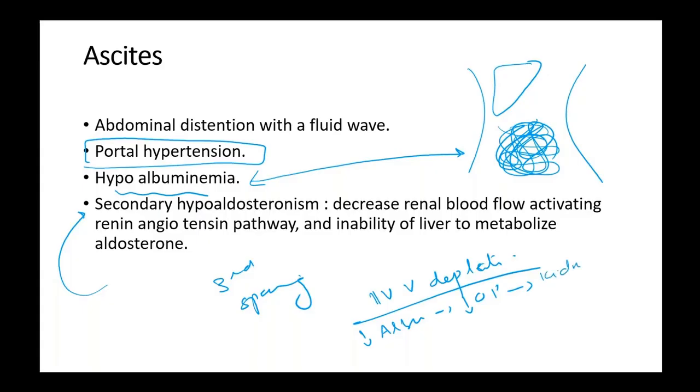So the kidney will sense that blood pressure is low because of intravascular volume depletion, because of the decrease in oncotic pressure. So the kidney will produce increased aldosterone, and aldosterone will result in increased reabsorption of water along with sodium. So you are reabsorbing water along with what you are accumulating in the belly. So that will actually exacerbate ascites too.